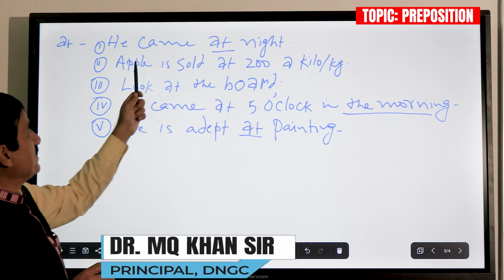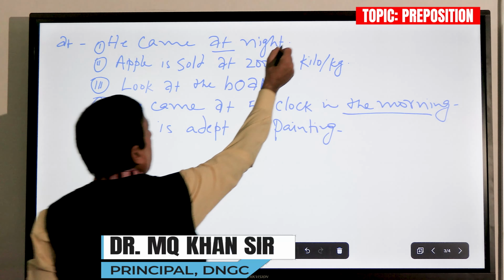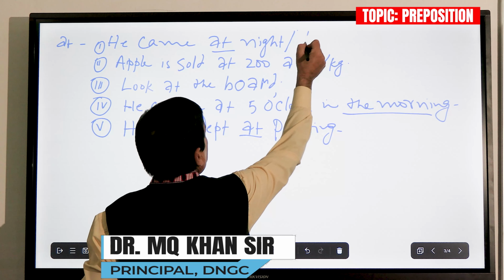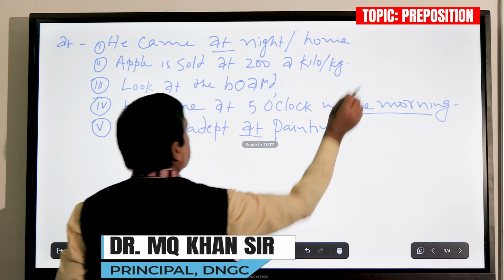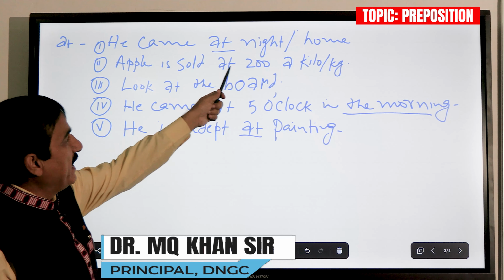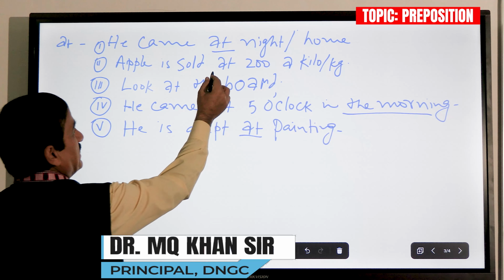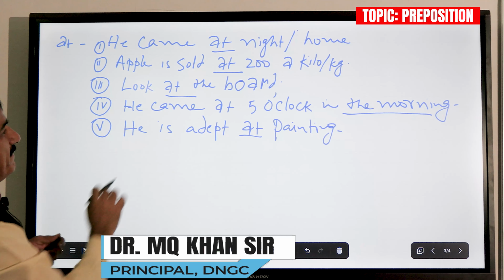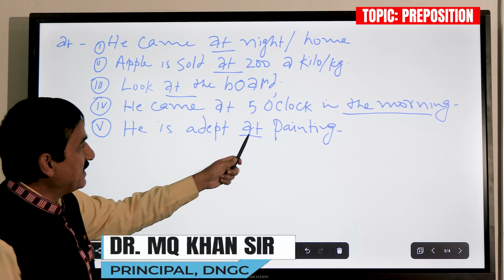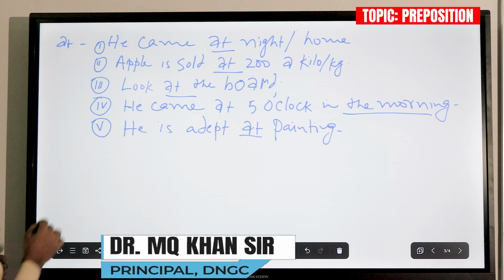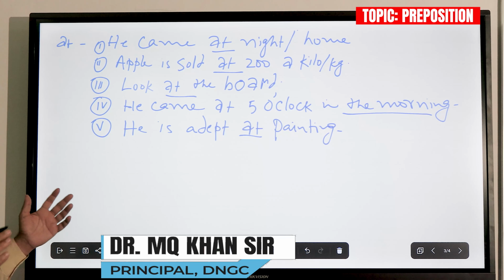He came at night, or say he is at home also. Say at home. Apple is sold or rice is sold at 200 a kilo. So showing here: look at the board, he came at 5 o'clock, he is adept at painting, etc. So these are some of the uses. At can be used in different situations.